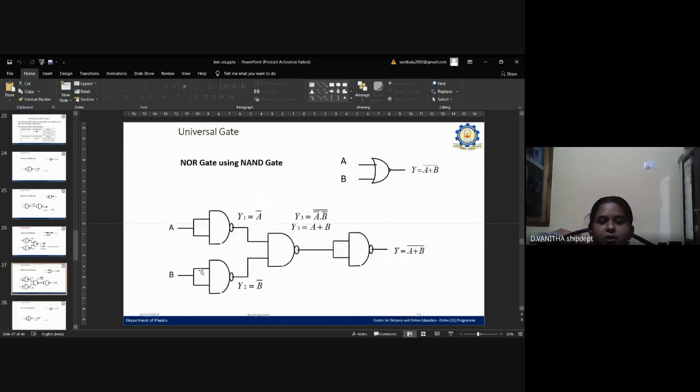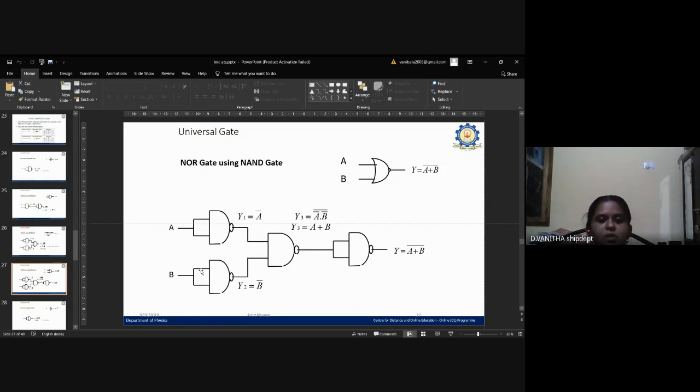Here the NOR gate is produced by using NAND gates. We take four NAND gates to produce the NOR gate. The inputs of the first two NAND gates are combined together and taken as the input.